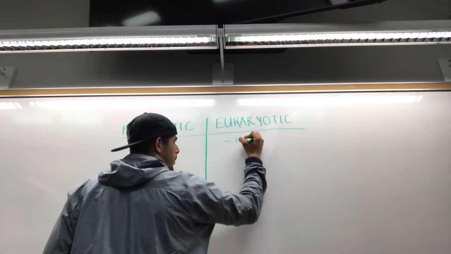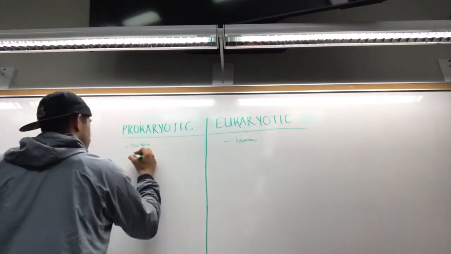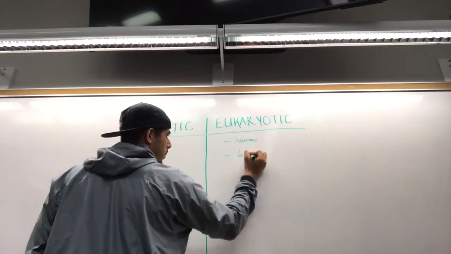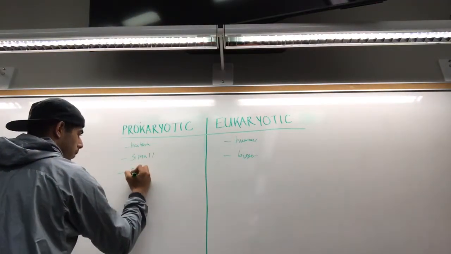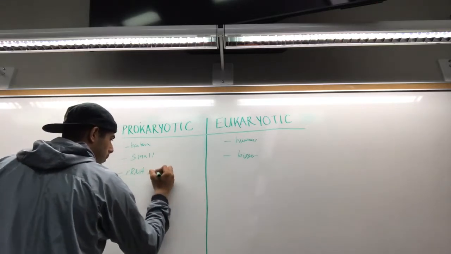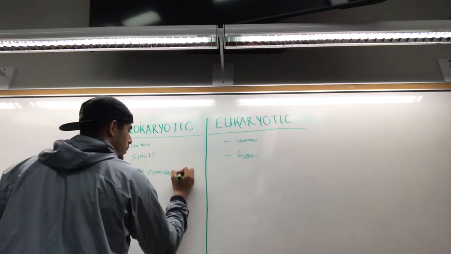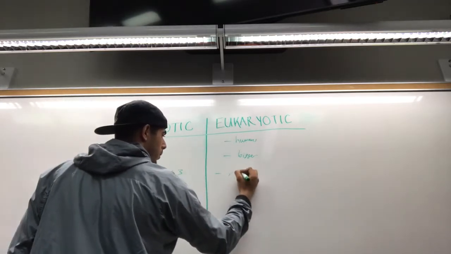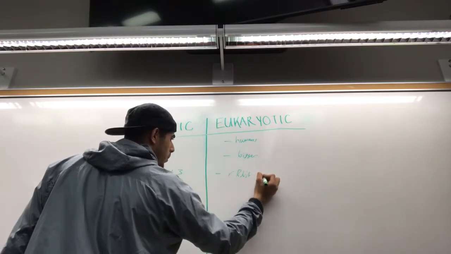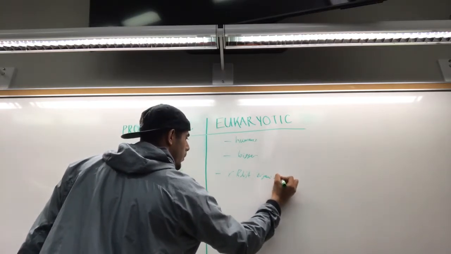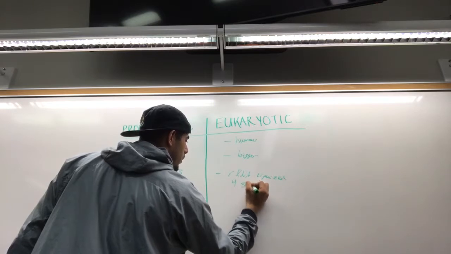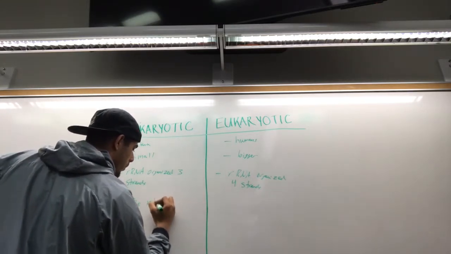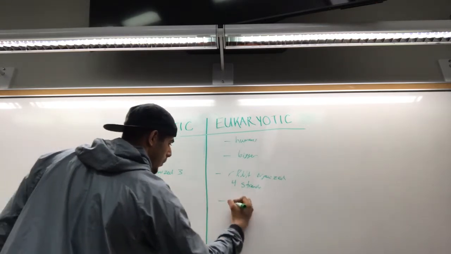In prokaryotic cells, such as bacteria, the ribosomes tend to be small and the rRNA is organized into 3 strands. While in eukaryotic cells, such as humans, the ribosomes are much bigger and the rRNA is organized into 4 strands. Also, prokaryotic cells only tend to have 70S ribosomes. Meanwhile, eukaryotic cells have different types of ribosomes.